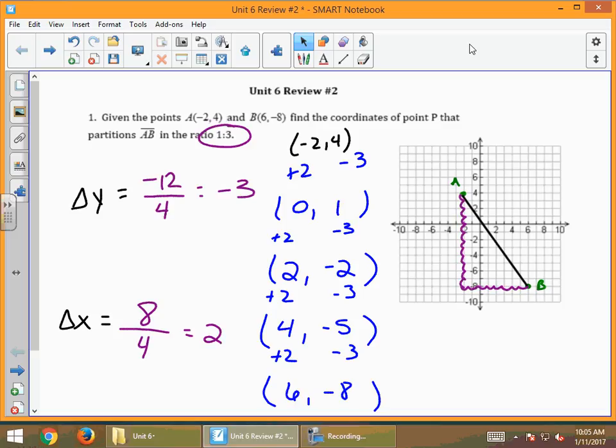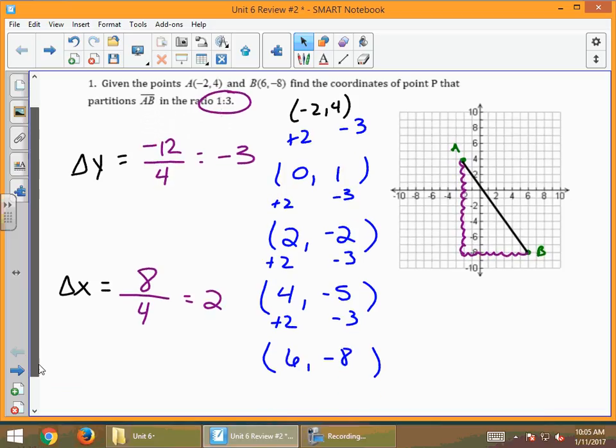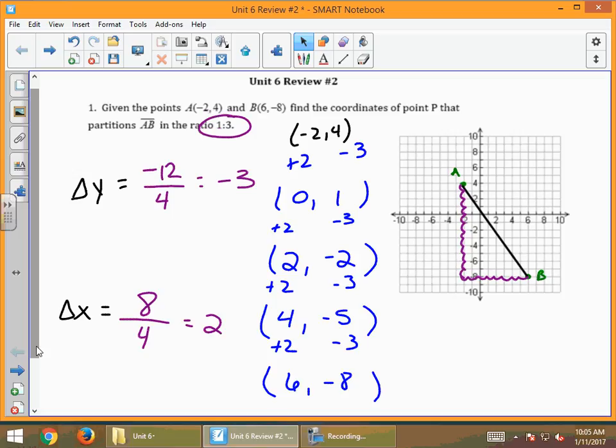Once you do that, you have to figure out how many jumps you're going to make. How do we know we're only making one jump? The ratio. It's always the first number in your ratio, so 1 is the first number. You start with the first point and make one jump. That's going to be point number 1.